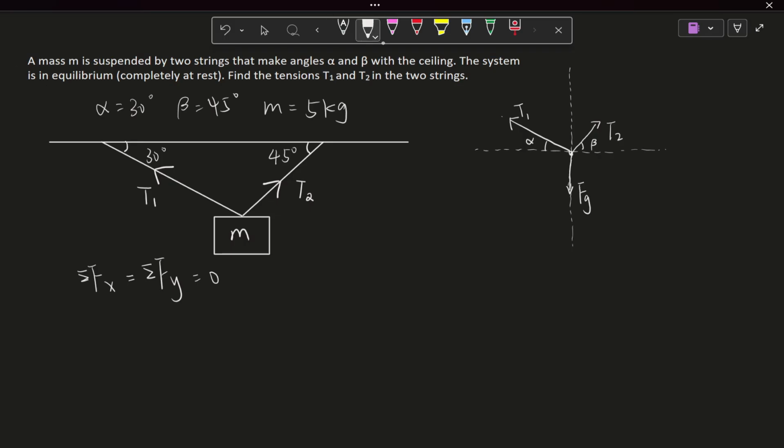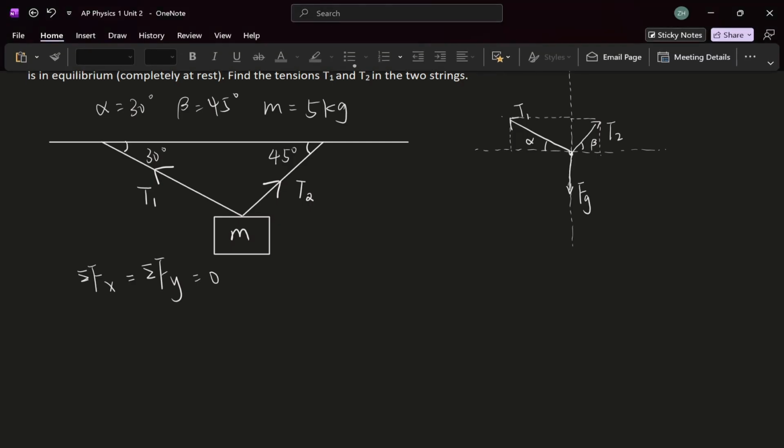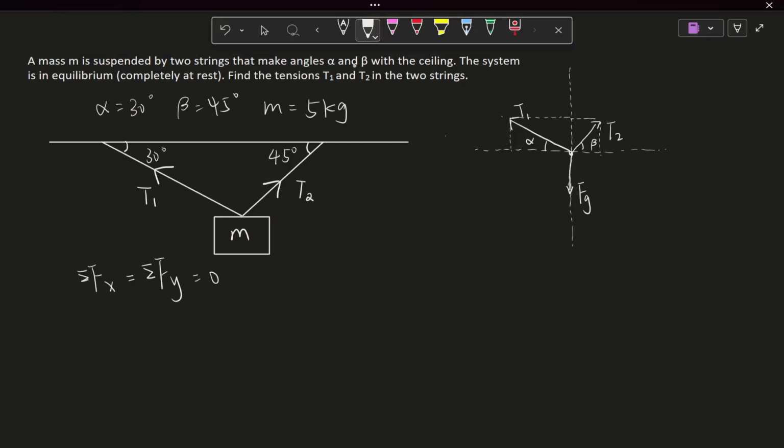And now let's separate them, or break them down into components. So first, let's write the net force in the x direction. They're this force component and this force component.